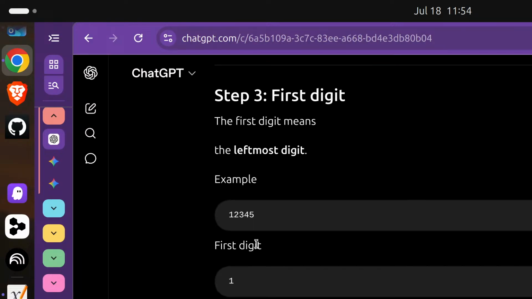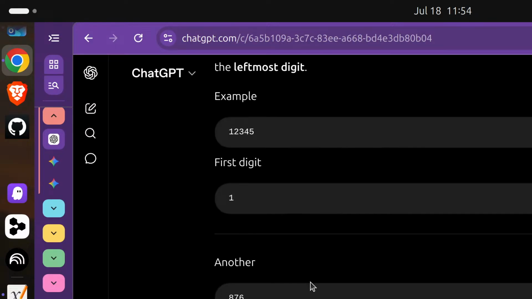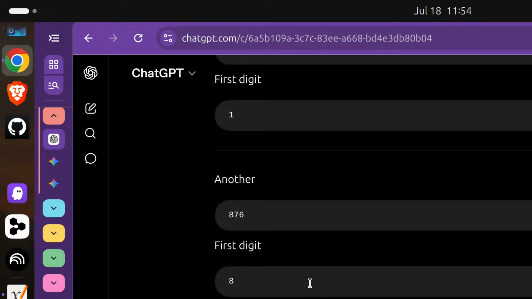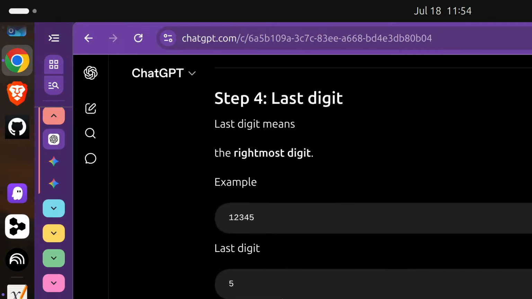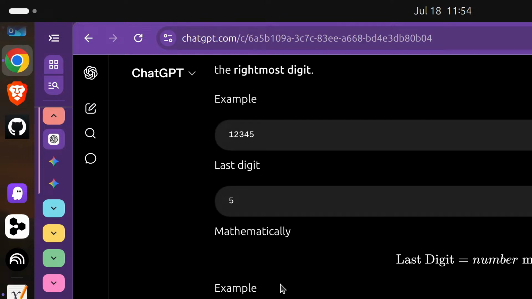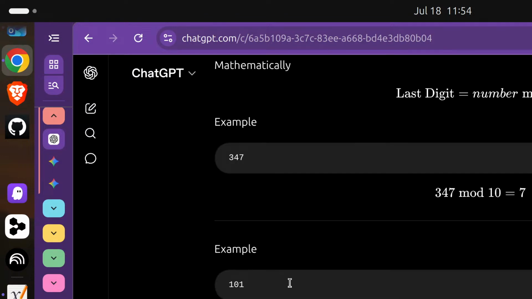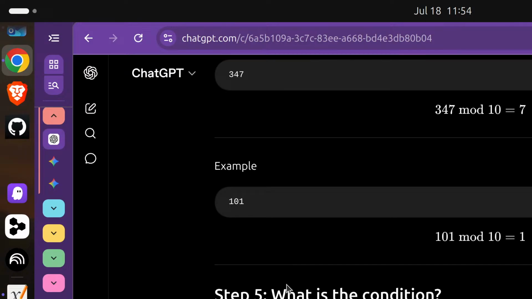Okay, mathematically an example of this, whatever it is we can check this.